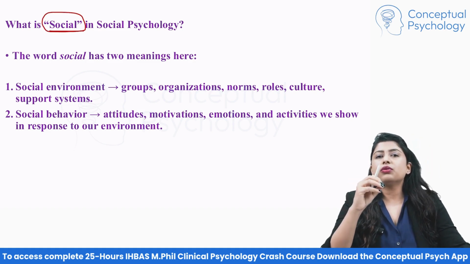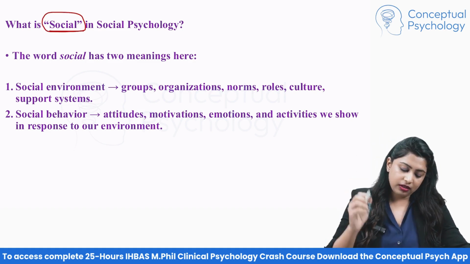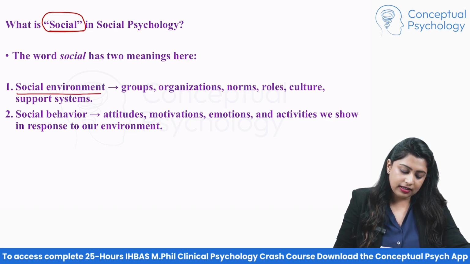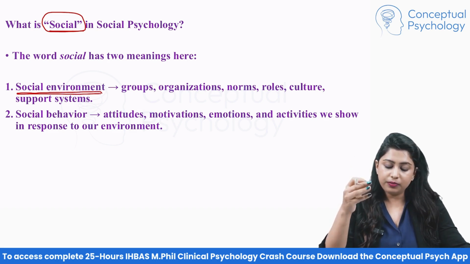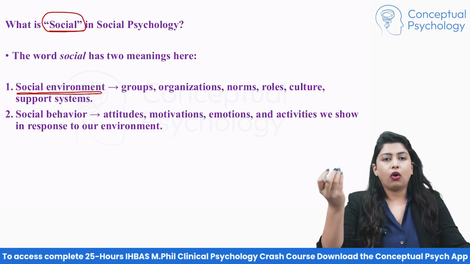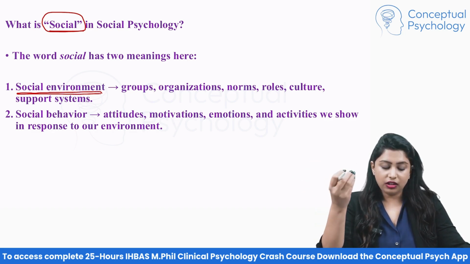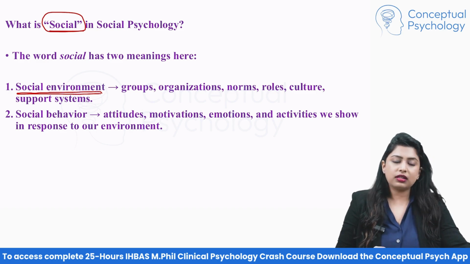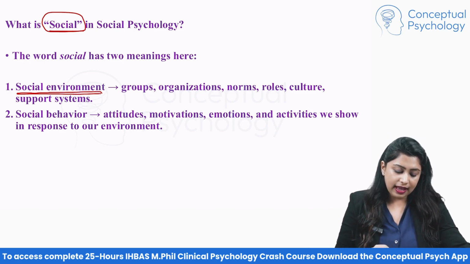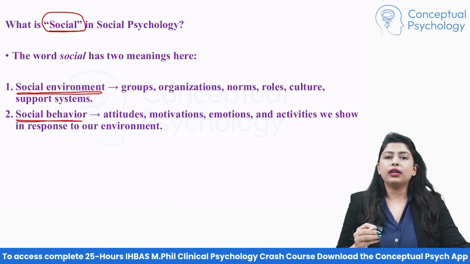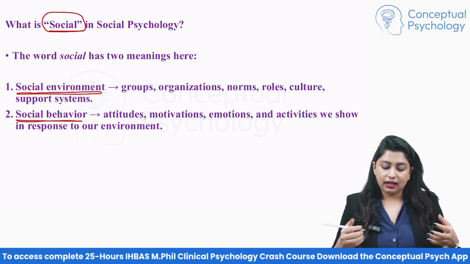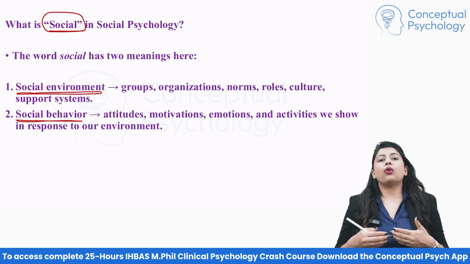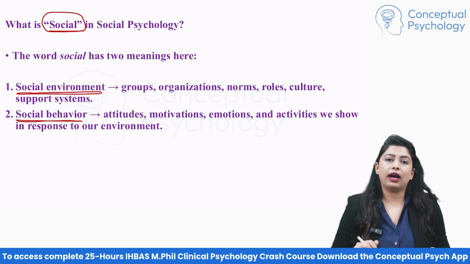Coming on to what is social in social psychology. The word social has two meanings here. One is the social environment, by which we mean groups, organizations, norms, roles, culture, and support systems. The second is social behavior, where we look at the attitudes, motivations, emotions, and activities which show our response to the environment.